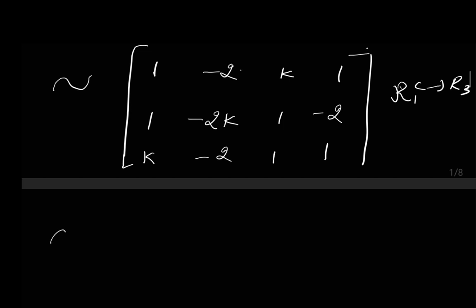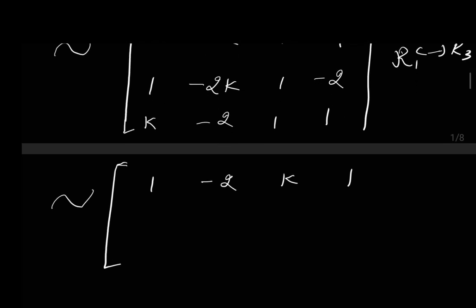And we do the other transformation here. Keep the first row as it is. And look at the second one. You have to make it 0. So, compare it with the previous one, that is R2 becomes R2 minus R1.